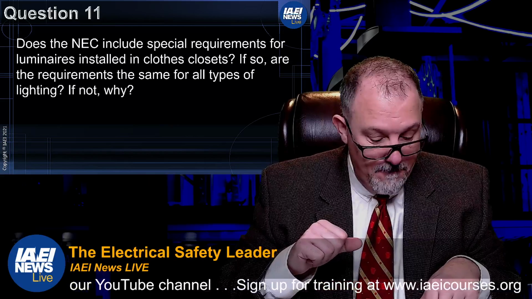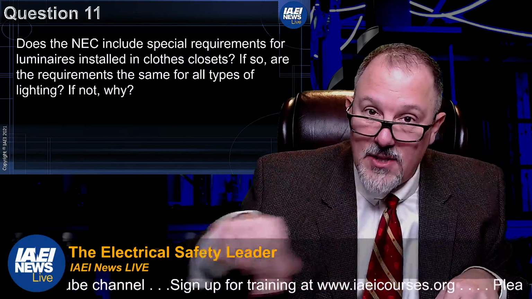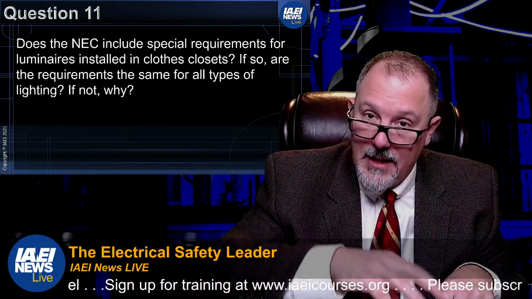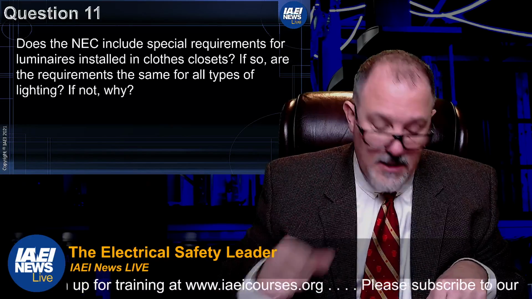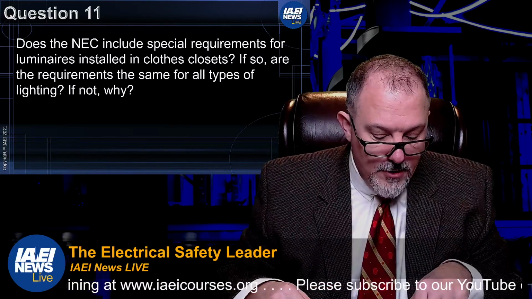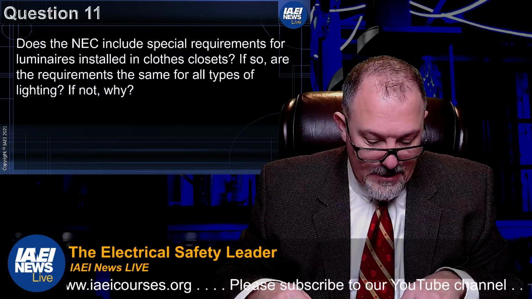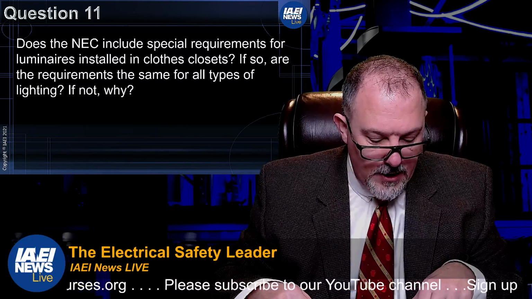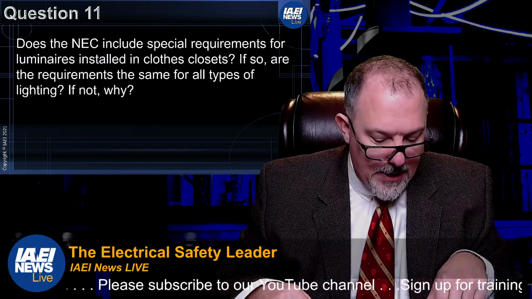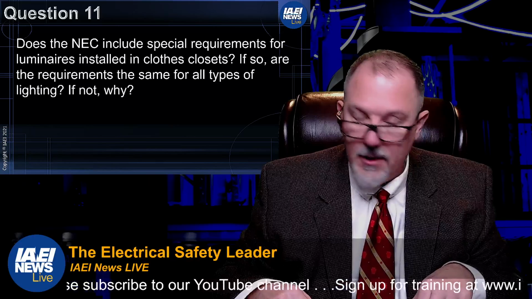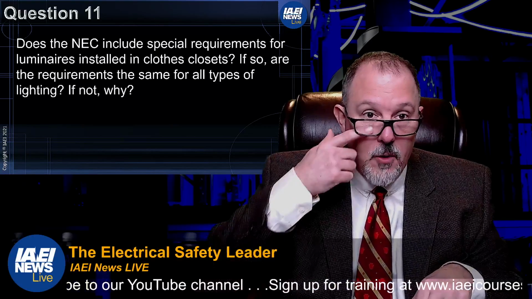Interesting. So that means that there's a standard somewhere that says that that equipment should be marked that way if it's tested for that. Luminaires not permitted: incandescent luminaires with open or partially enclosed lamps and pendant luminaires or lamp holders are not permitted. Don't put pendants.